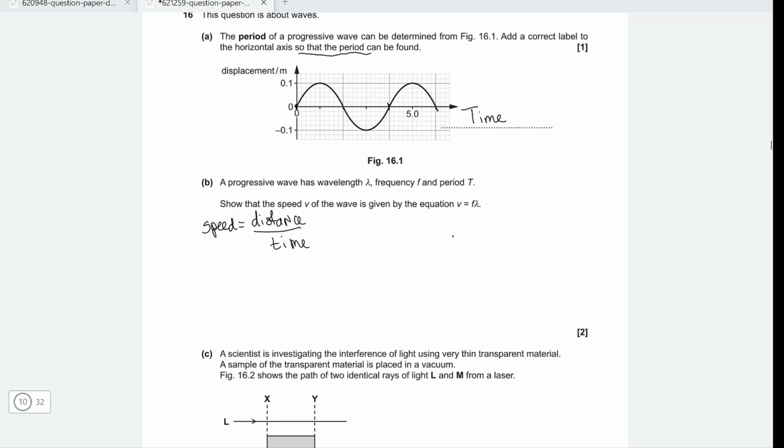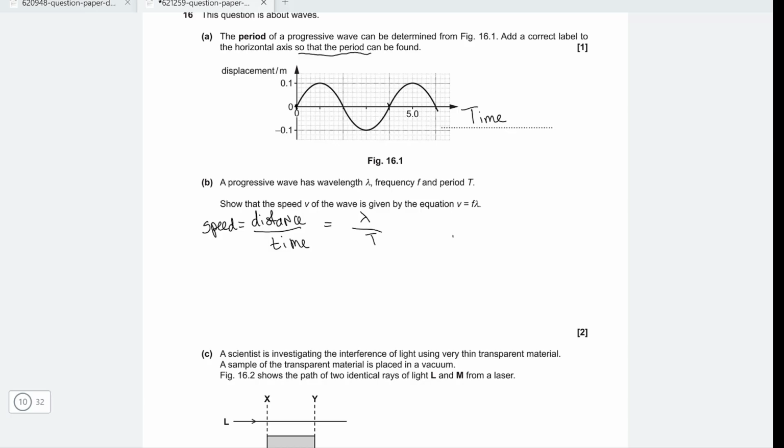Now let's set our distance equal to the wavelength. So let's just say that in one time period, one wavelength is traversed by the wave. So if your time period is T, your distance is equal to lambda, the wavelength, like so.